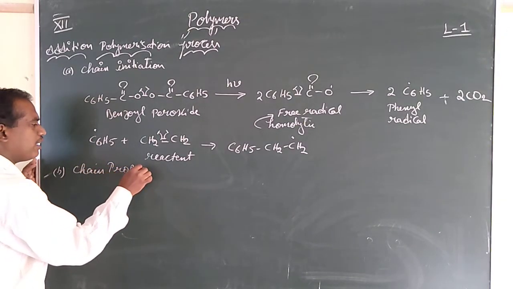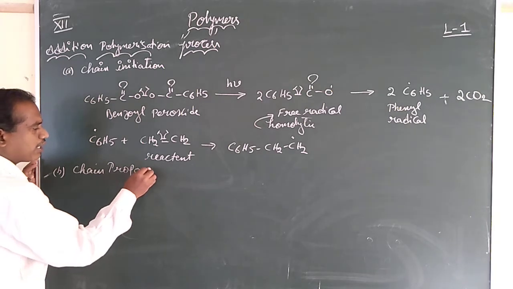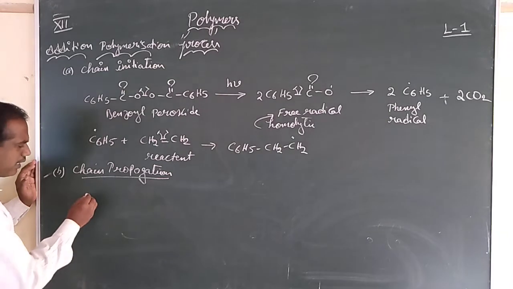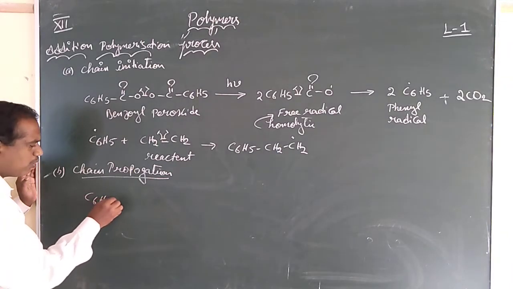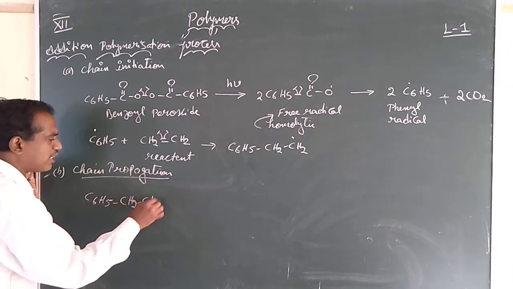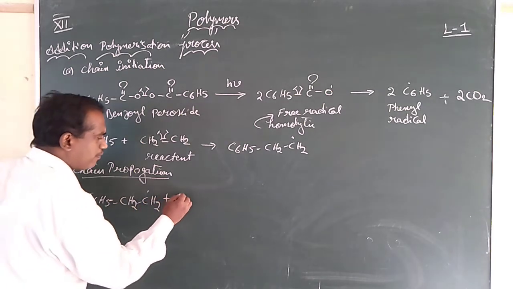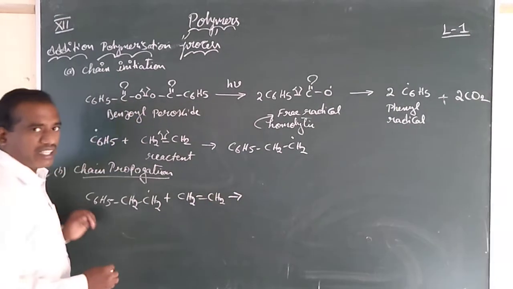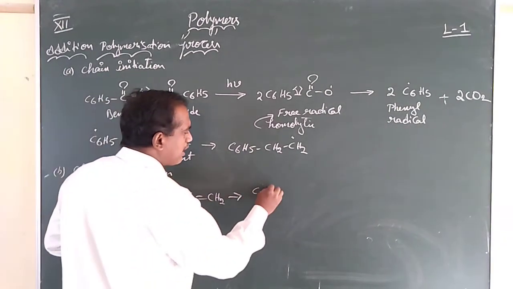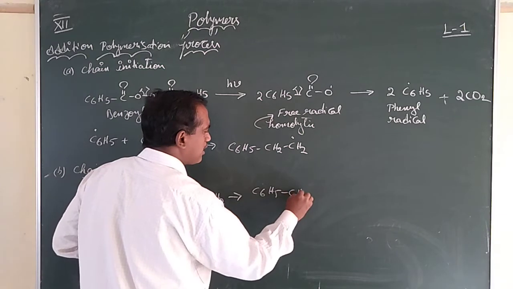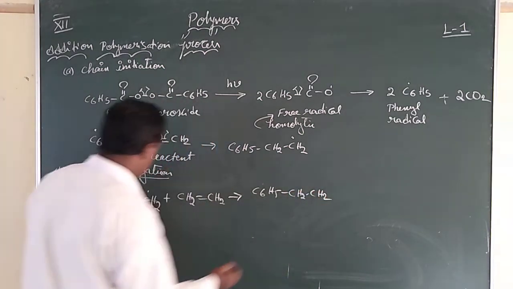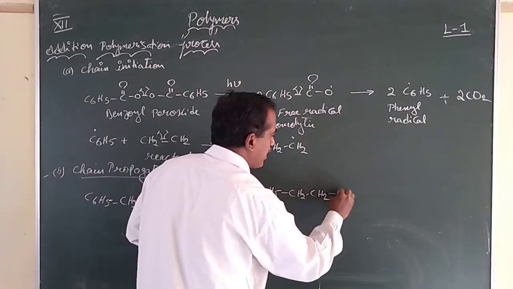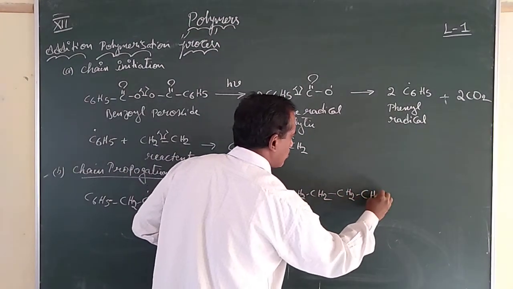What is it undergoing? The chain propagation step. Chain propagation means continuous growth of the chain. The C6H5CH2 radical that is formed next reacts with another ethene molecule, breaking the pi bond here and forming the next CH2 unit.